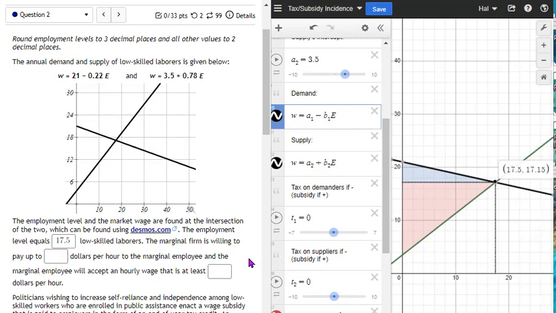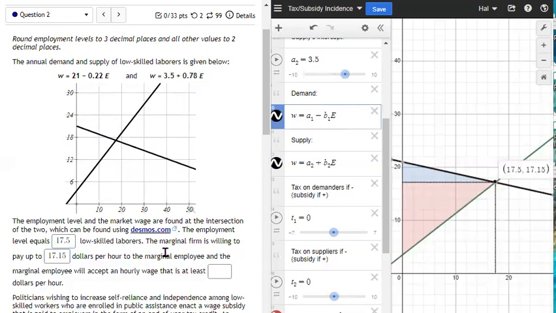And it's willing to pay up to $17.15 per hour, because that's the height on this labor demand curve at this employment level of 17.5, right? So the most it is willing to pay for that 17.5 millionth worker is 17.15, which happens to be equal to the market wage, right?